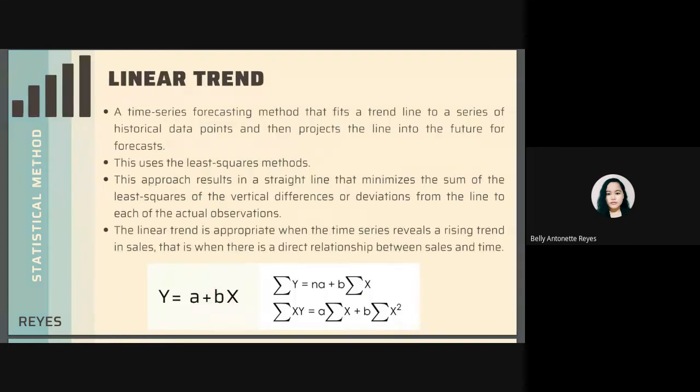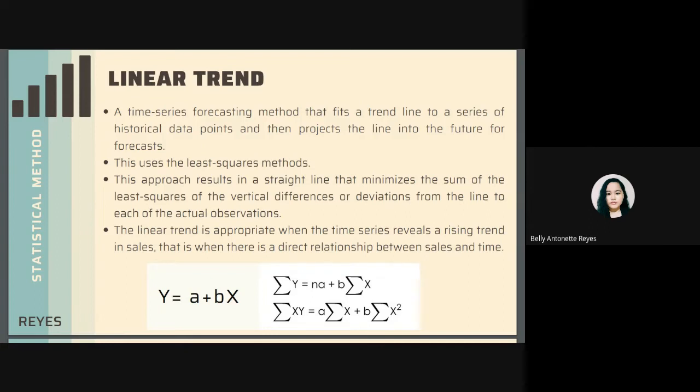Next slide, please. Next method is the linear trend. It is a time series forecasting method that fits a trend line to a series of historical data points and then projects the line into the future for forecast. This uses the least squares method, a statistical procedure to find the best fit for a set of data points. Least squares regression is used to predict the behavior of the dependent variable.